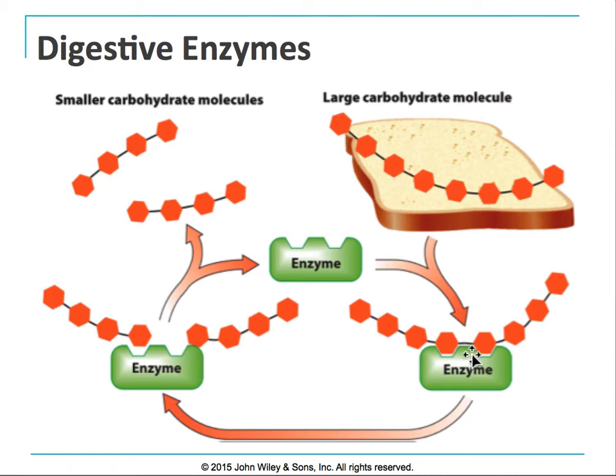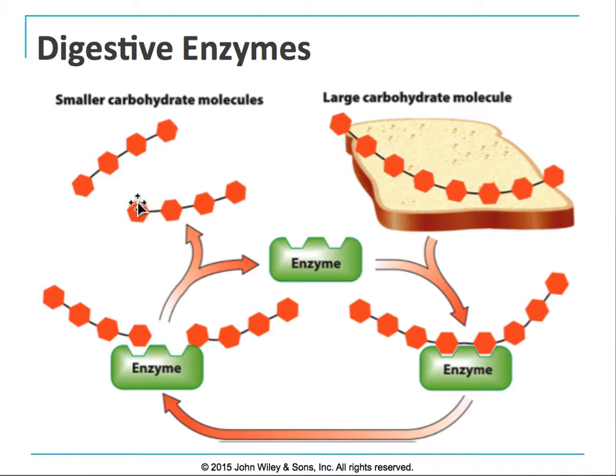So different enzymes are going to be coded for specific molecules. So this enzyme is coded specifically for this carbohydrate molecule. They fit together perfectly. So when you ingest this piece of bread, it goes through your digestive system and interacts with this enzyme that binds to the carbohydrate molecule and works to break it down into smaller pieces.